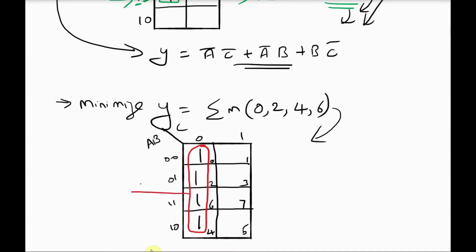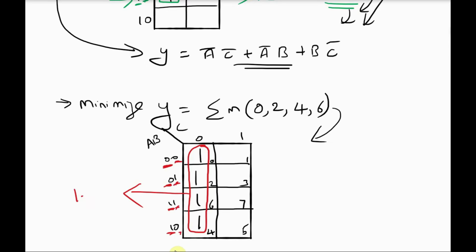So for the value of this group, when we see the rows, it is covered in all the 4 rows. A is changing. In the first 2 rows A is 0, in the next 2 rows A is 1. So A is changing, so the value of A is 1. That is 1 into. And when we see B, B is also changing from 0 to 1, and here also 1 to 0.